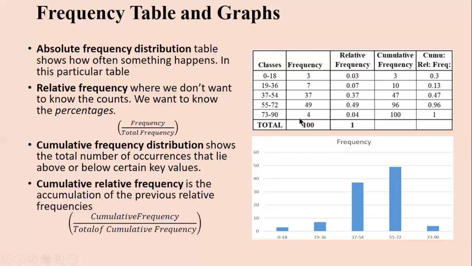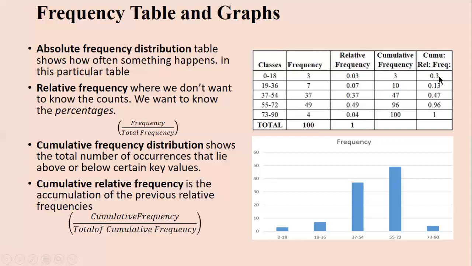That cumulative frequency can be applied to the relative frequency as well, where we have talked about percentages. Cumulative relative frequency is the accumulation of the previous relative frequencies. It has the same formula that we have applied. So we can add this relative frequency by adding classes. The first class has 3%.